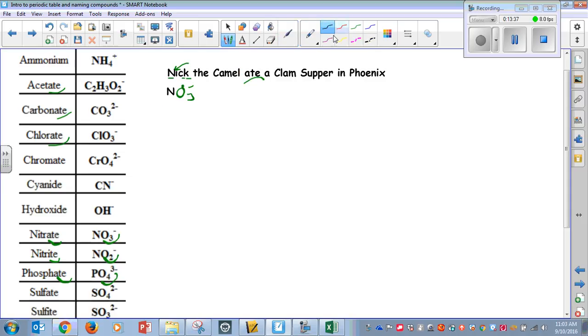So then the C in camel stands for carbon. There are 1, 2, 3 consonants, so it's CO3 for carbonate. There are 1, 2 vowels, so this is a -2 charge. So clam, chlorine, chlorate, 3 consonants, ClO3, A for -1.